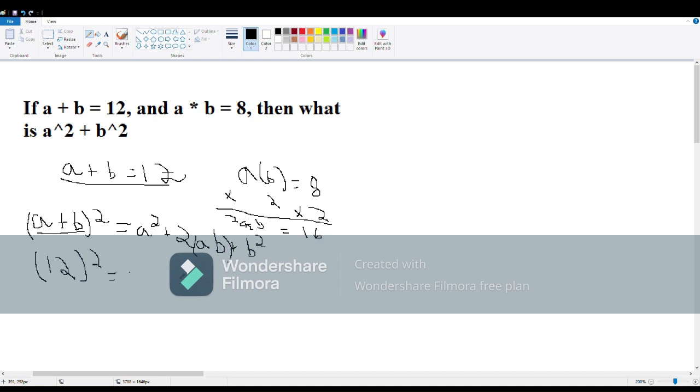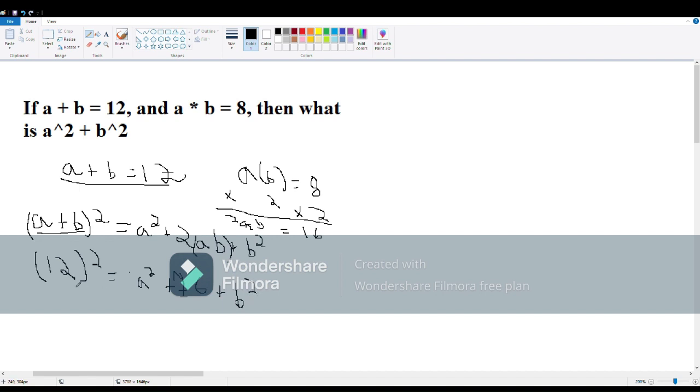So we'll take this 16 and a squared plus b squared, plus b squared.